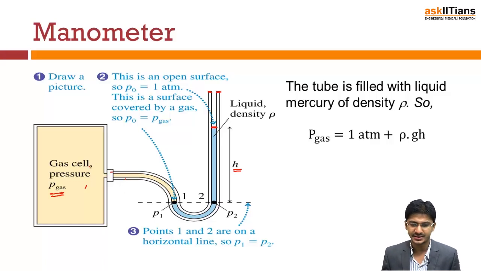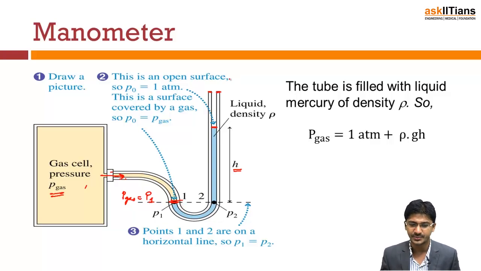There will be a pressure of the gas here. Now this pressure is exactly the pressure that is felt by this point, the point from where the liquid is there. This pressure will be the same as the pressure at 1. So the first thing we can say is, the pressure of the gas is equal to P1, the pressure at point 1. Due to this pressure the liquid has been raised here.